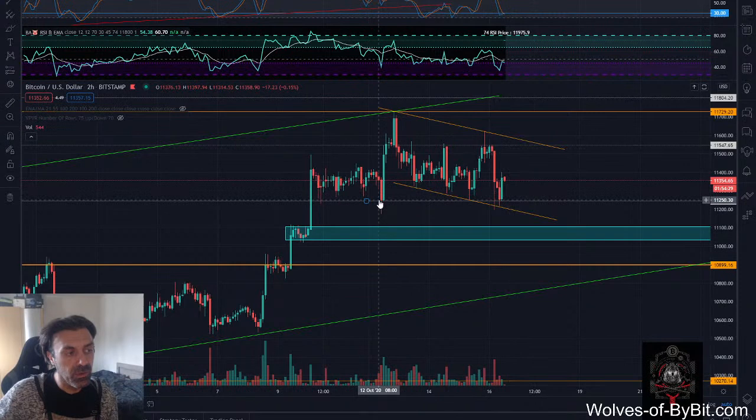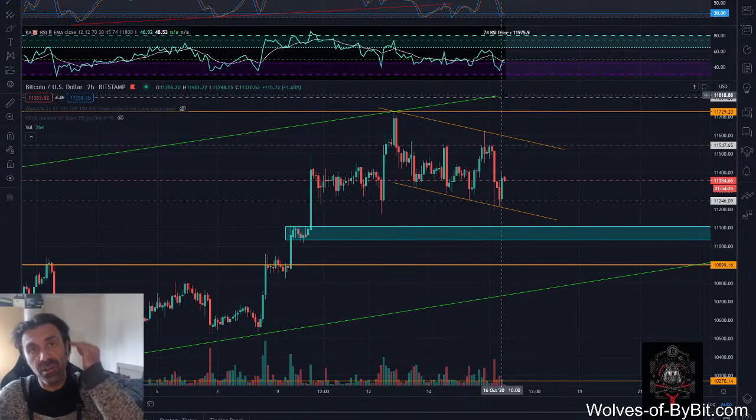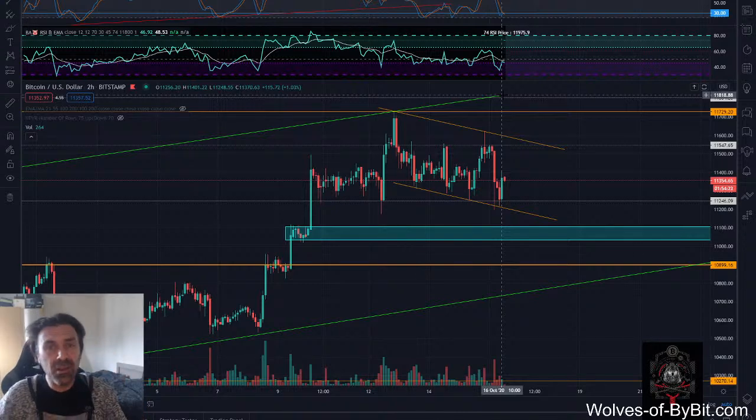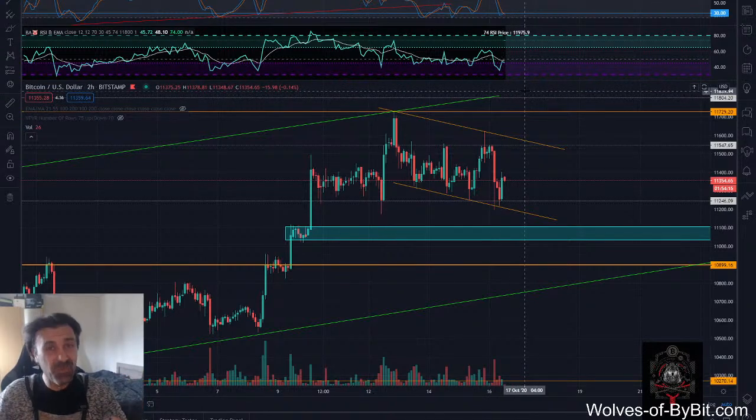So we have low, higher low, low, lower low. And now, please say it out loud. What does this mean? This is a divergence, right? Bullish.